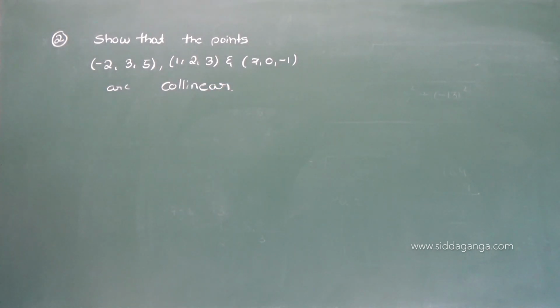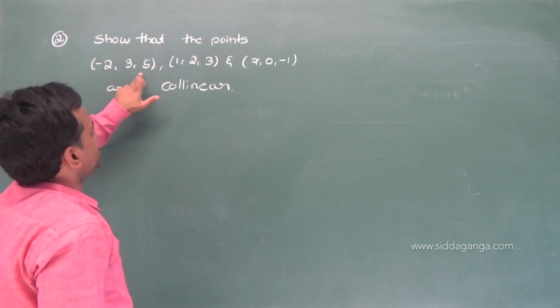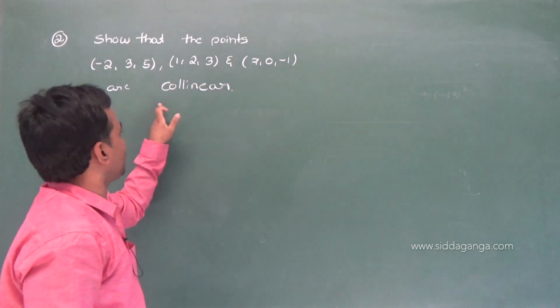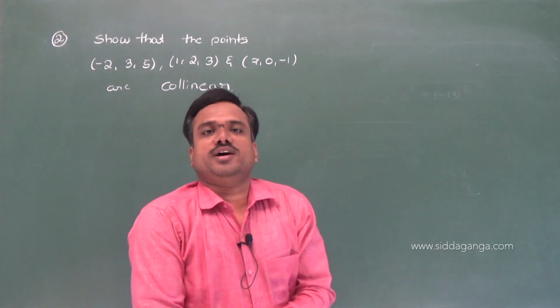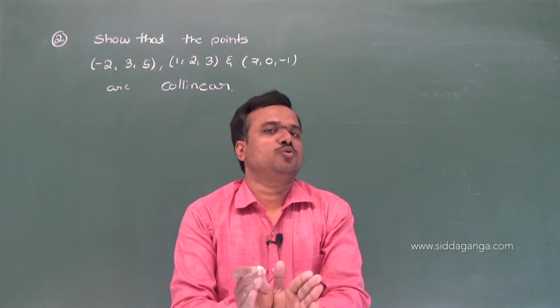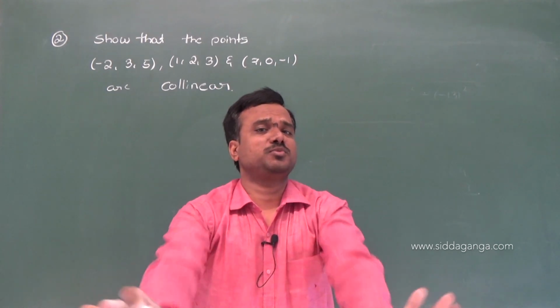Show that these 3 points are collinear. So you already know in 10th class how to prove collinear by using distance between 2 points.